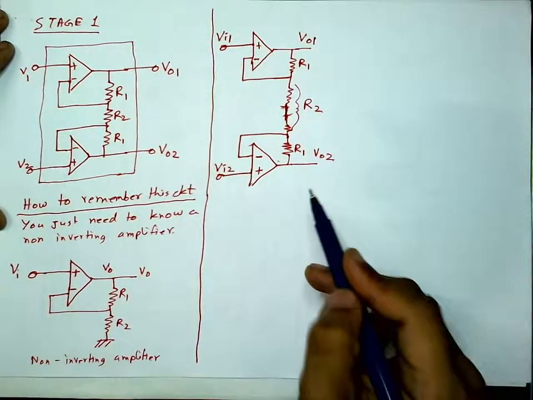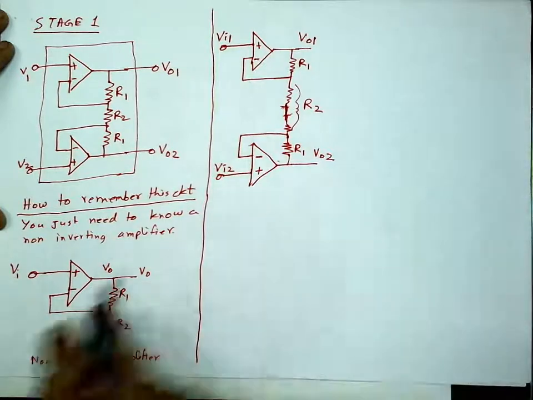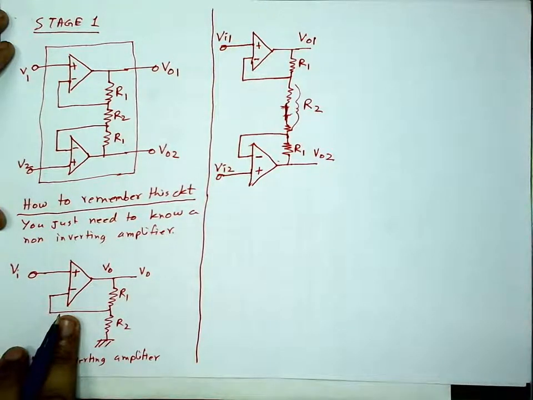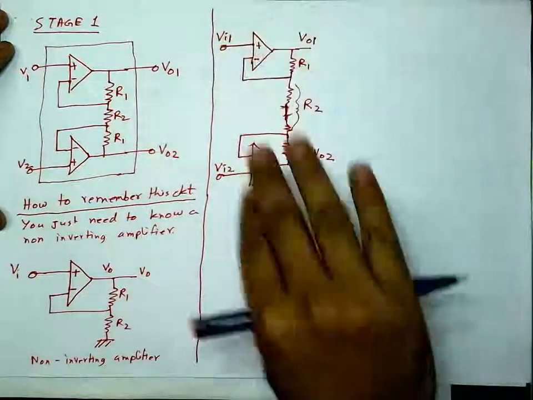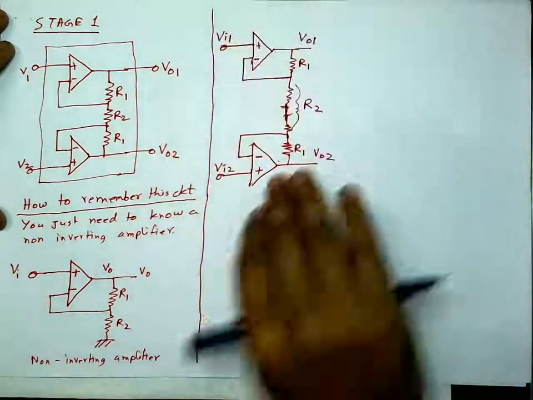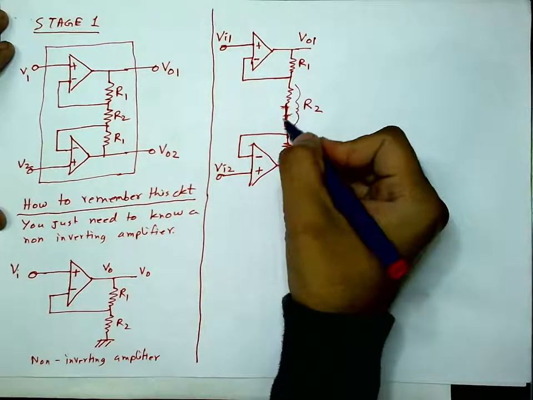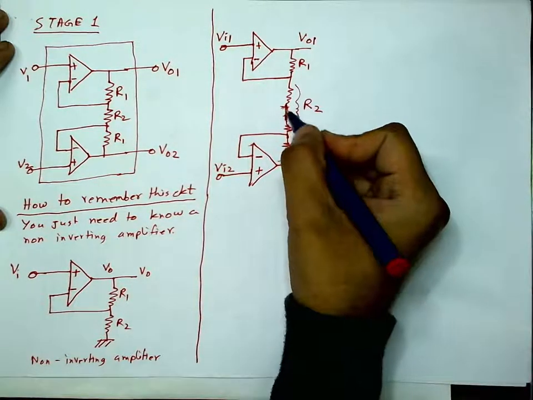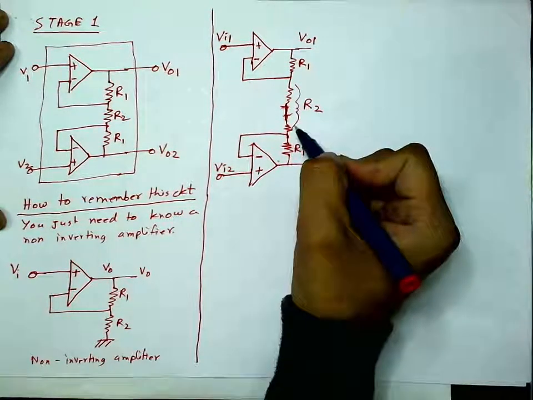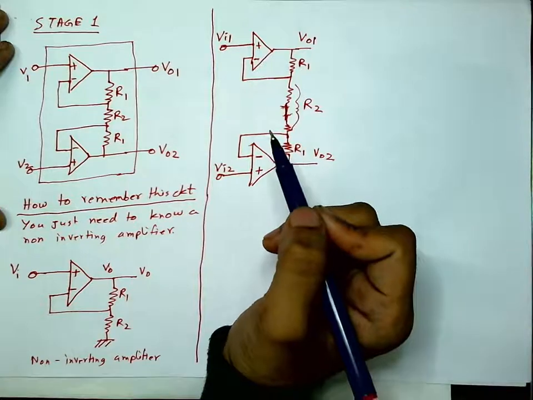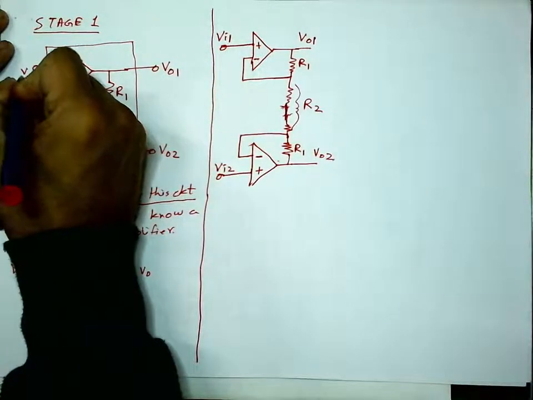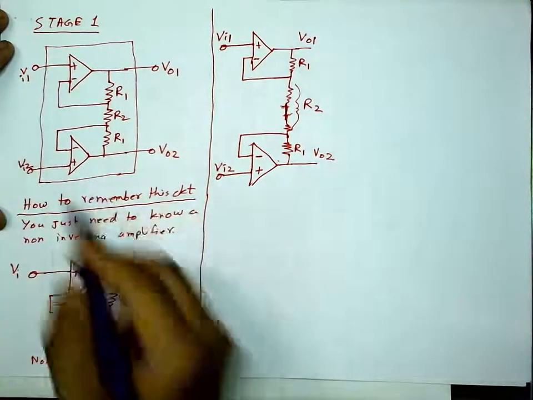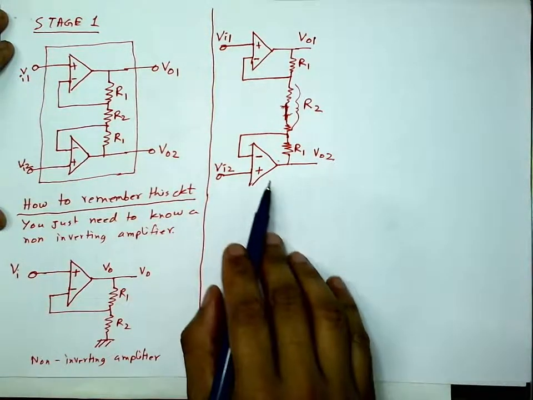That's how you can remember stage 1. You just need to know this non-inverting amplifier, and you make two copies, one being the mirror image of the other, and join their common grounded point together, and this becomes together one resistance R2. To be consistent you can call these VI1 and VI2, input 1 and input 2. This is stage 1.